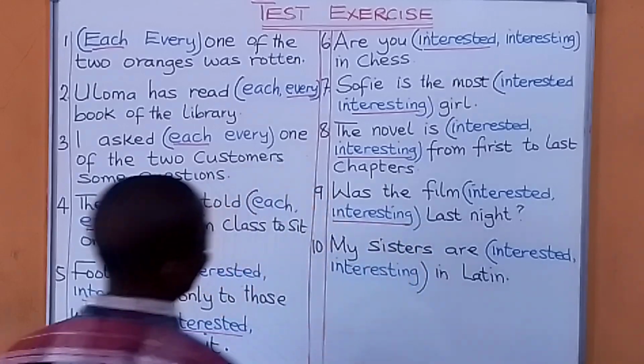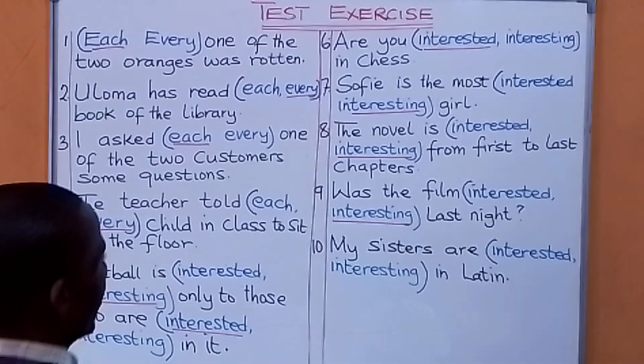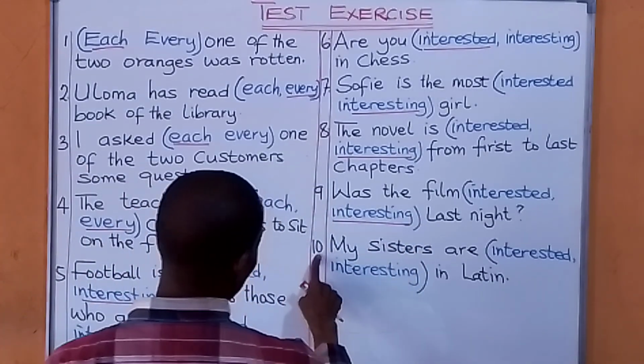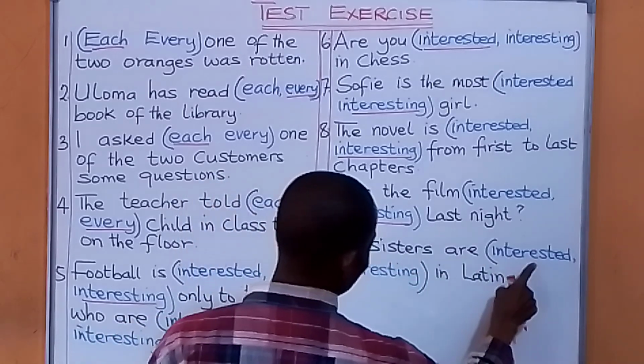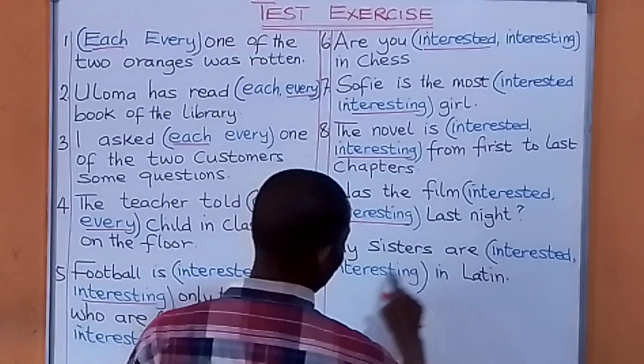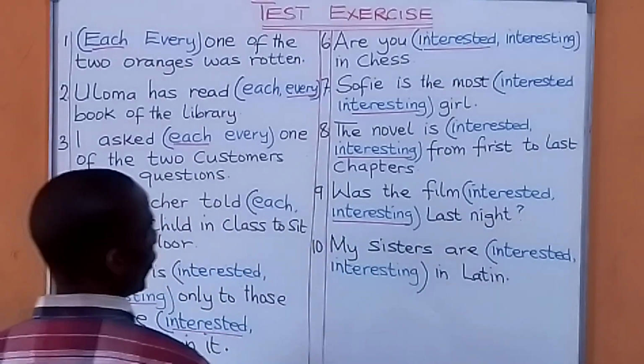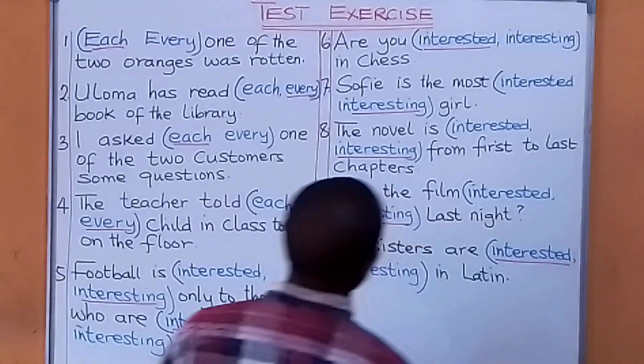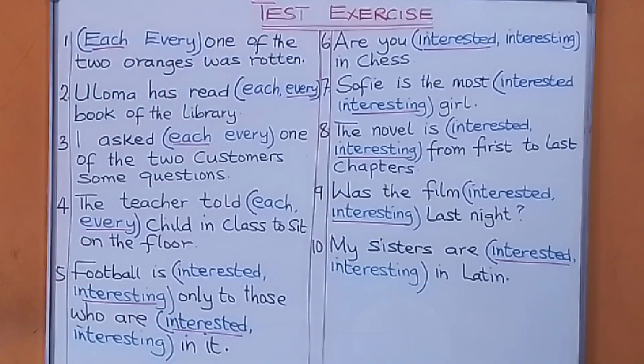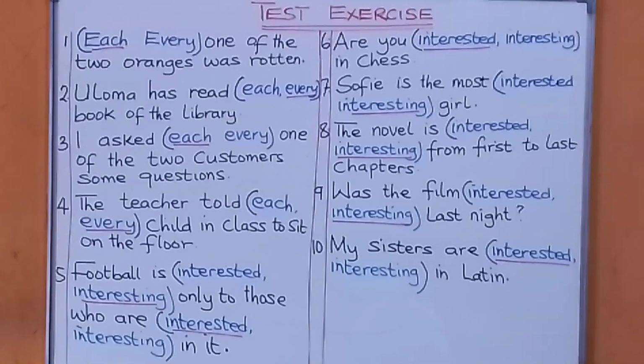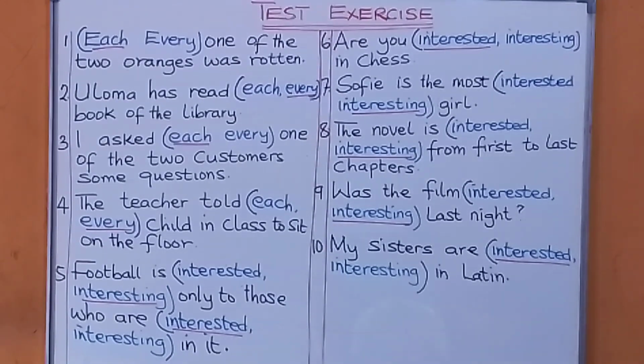Was the film interesting last night? Number 10. My sisters are interested in Latin. What are we going to put there? My sisters are interested in Latin. So, those are the answers.